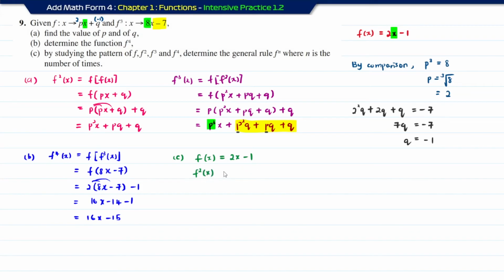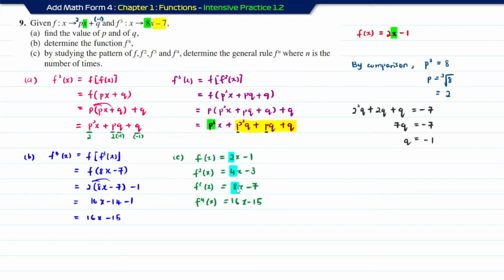And for f squared, after you insert the p here with 2, and the q here with -1, you're going to have 4x minus 3. And for f cubed, you're going to have 8x minus 7, and f4 is 16x minus 15.